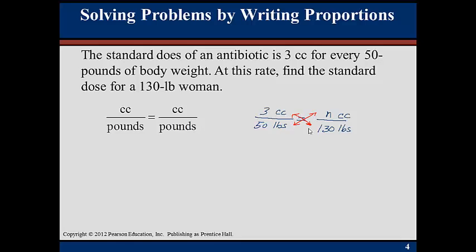So now you have 3 times 130, which you should have 390, equals 50 times n, which is just 50n. Now you get to solve for n by dividing by 50. Divide by 50. So 390 divided by 50.